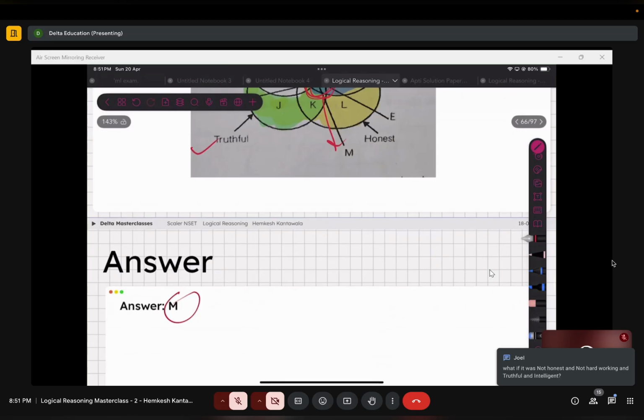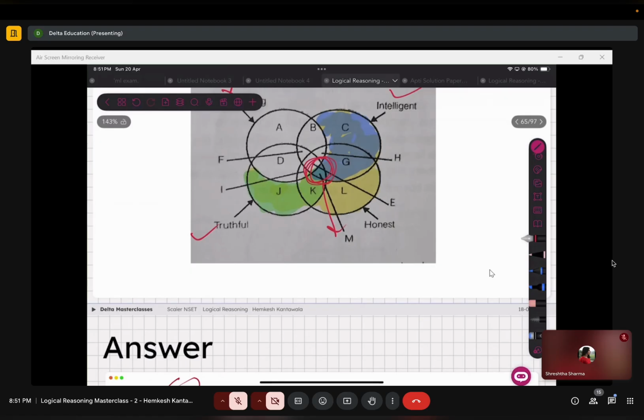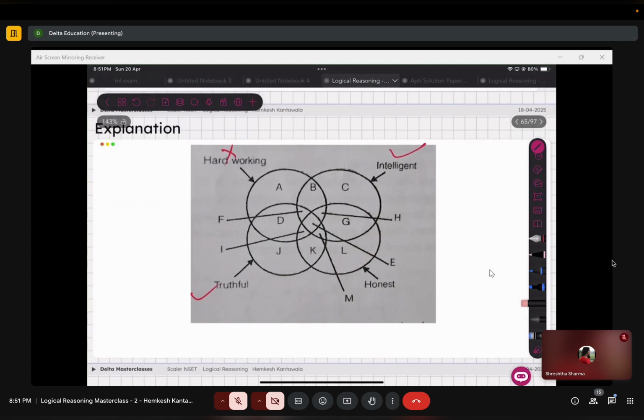So easy question. What if it was not honest, not hardworking? Okay, let's draw it. Let's rub everything. What you are asking is not honest, not hardworking. Okay, not honest, not hardworking. So the remaining is this.